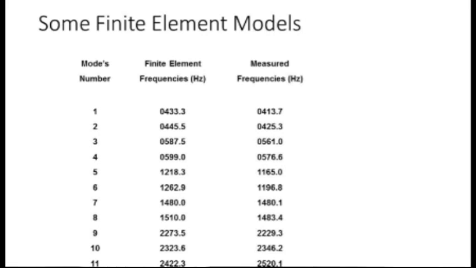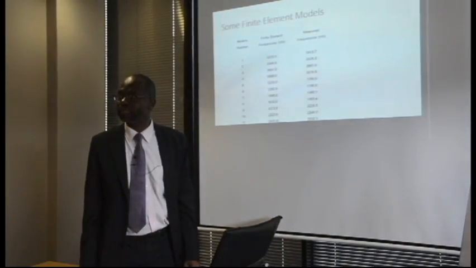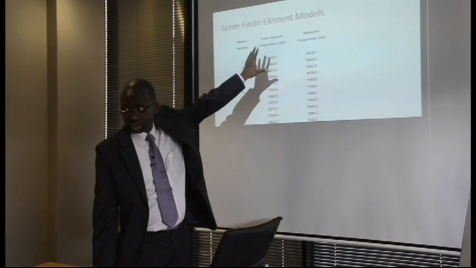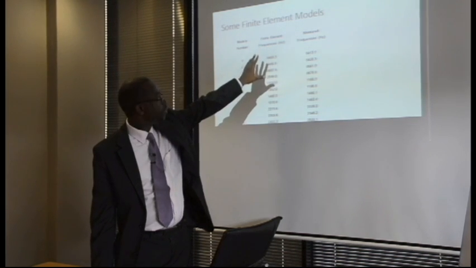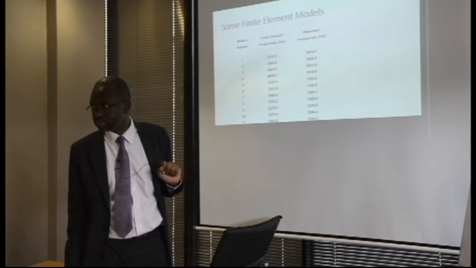Now, where lies the problem? For those cylinders that I showed, we modeled them using a finite element model. These are the natural frequencies that we got for that system. We model it using finite element modeling, and then we predict what the natural frequencies are going to be.